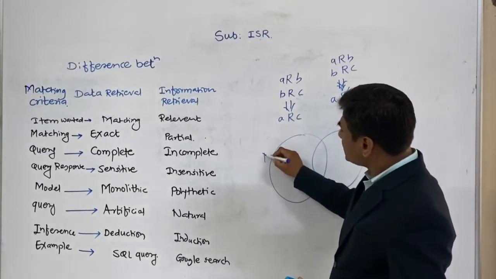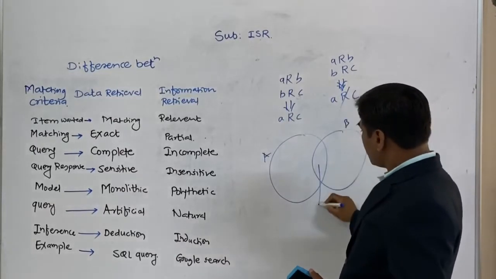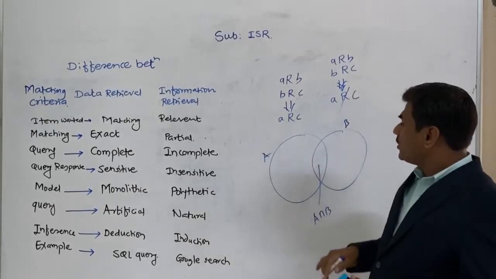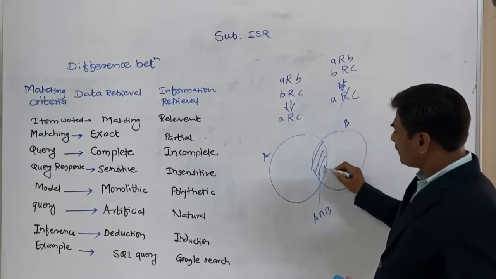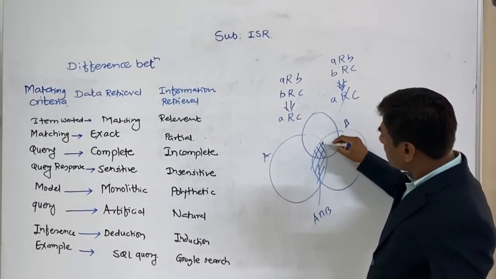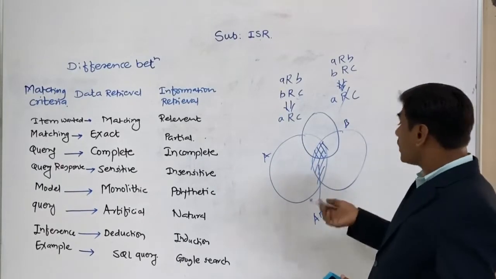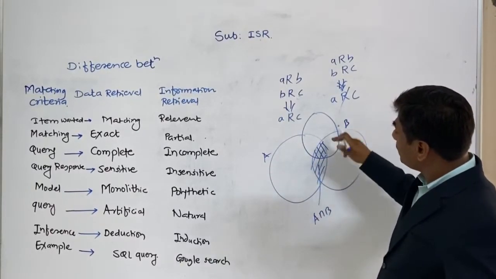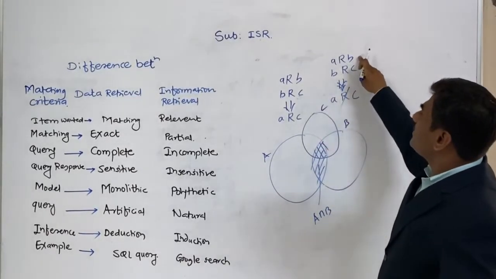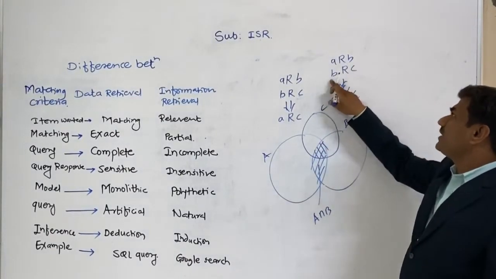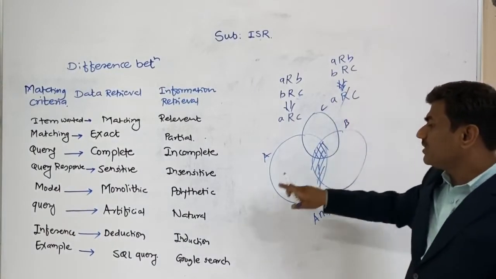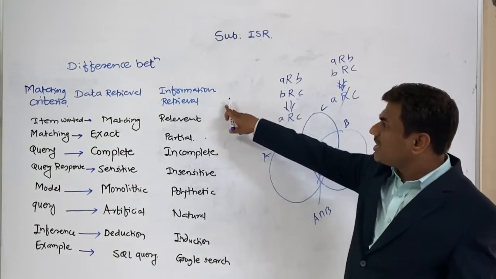Here this is your set A, this is your set B, and this is your set A intersection B. Now, for a particular query, you may have this answer. For another query, you may have this answer. But for one more query, you may have the answer in the intersection between A and C. So if A is having a relationship with B, B is having a relationship with C, this does not mean A is having a relationship with C in the induction inference under information retrieval.